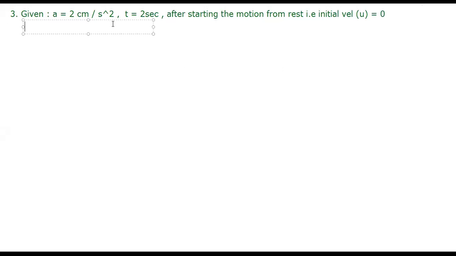To find final velocity v, a, t and u are known. Which relation are we going to use? First equation of motion. Very, very good. Start doing it, all of you, quickly.